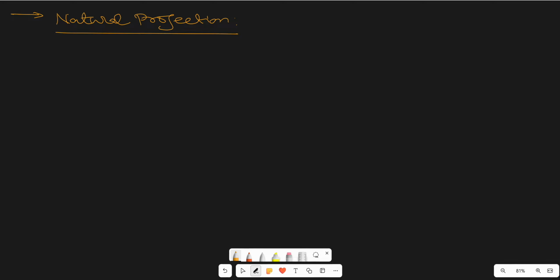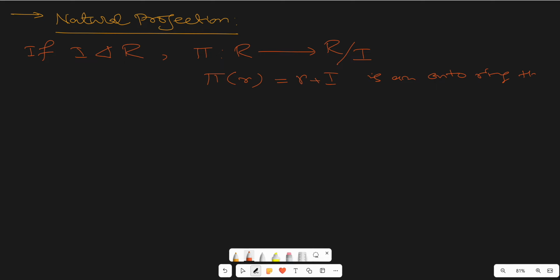Suppose I is an ideal in R, a ring. I'll always assume R is a ring. Suppose pi is a map from R to R mod I. How do we define the map? Pi of r is r plus I, and this is an onto ring homomorphism, because checking onto is easy: you can take any element here and guess the preimage.